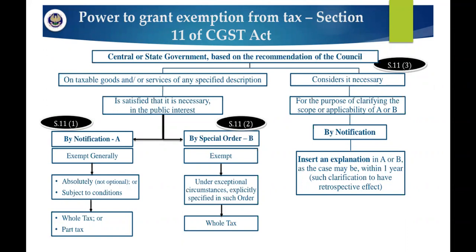Either it has to be A or B. They have to make it very clear. Clarification has to be done. The council has to clarify each and every thing. Then when it is clarified, what is applicable? Whether A is applicable by notification or B is applicable by the special order. That has to be seen.